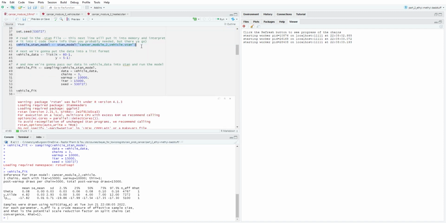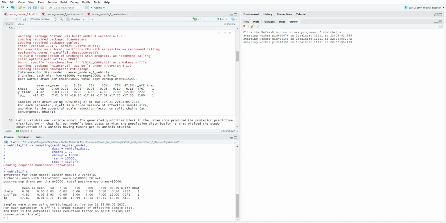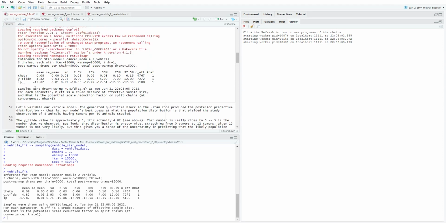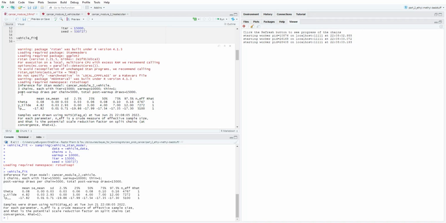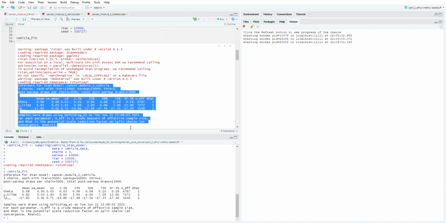Here's where we are compiling the Stan model. And of course, like I said, I already compiled it before. This is nothing different from what you saw in the previous example. Neither is this. We run it, and then we get this right here. This is the output for the vehicle fit.